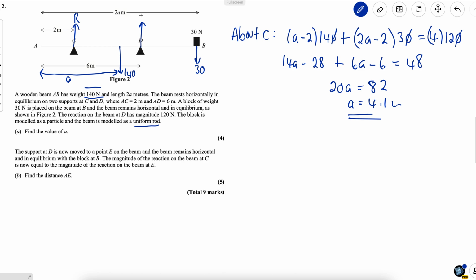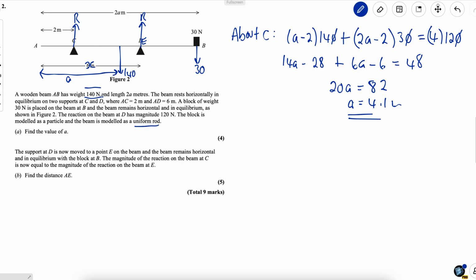And I'm going to leave this here and label it E. And now I'm just going to say, well, it's moved to a point E. That's no longer 6 meters from A. It's now the distance I have to find. So I'll relabel this as x.